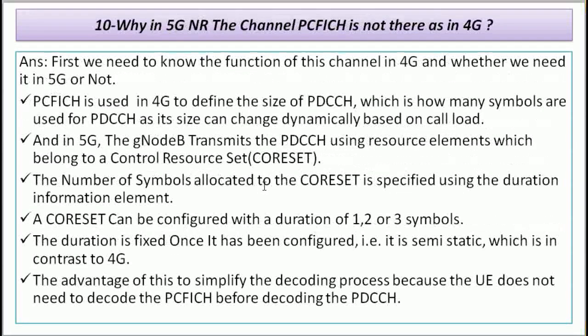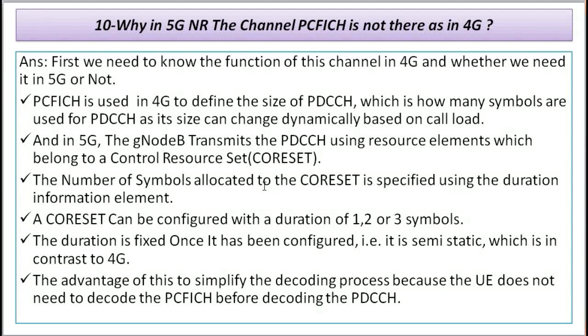Okay, our last question is, why is the PCFICH channel not there in 5G NR as in 4G? It is used in 4G, but in 5G NR it is not used. Why? First, we need to know the function of this channel in 4G and whether we need it in 5G or not.